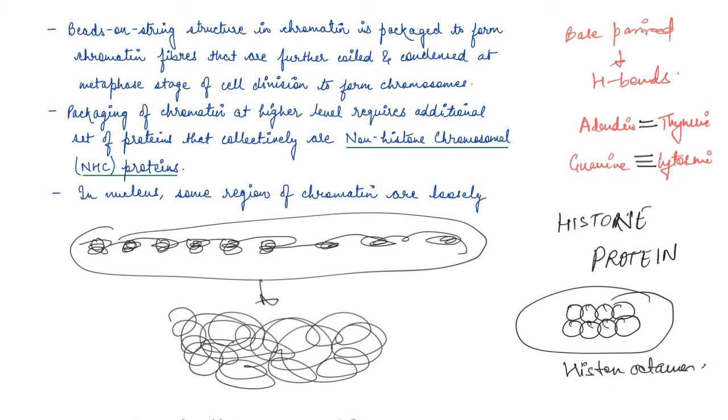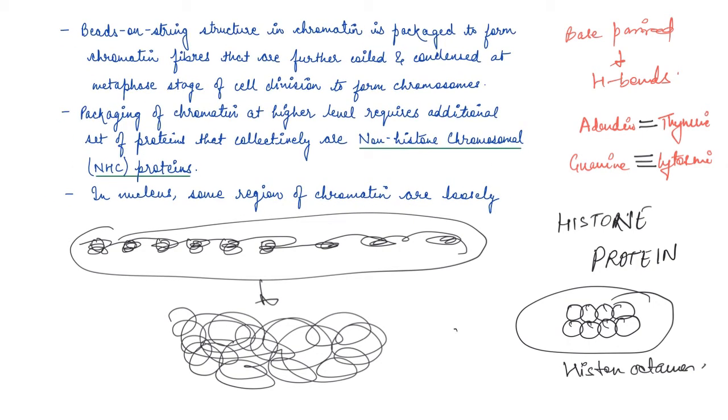So basically, if you see this structure of a chromosome, this is nothing but condensed coiling of DNA or the nucleosome, DNA with the histone protein. This is basically condensed and compressed in the form of chromosome.